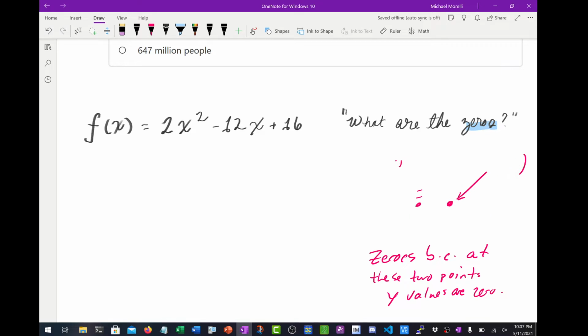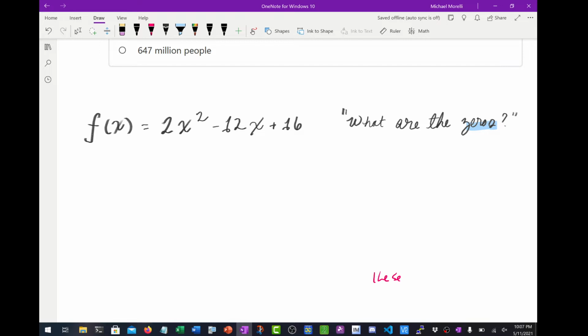Let's get rid of this. We're going to now focus in on another pitfall. So first, we just have to understand what we're being asked, what the words are that we're being given here. The second is, now that I know what I'm trying to find, I'm trying to find the x values of those 2 places where the graph of this will cross the x-axis.